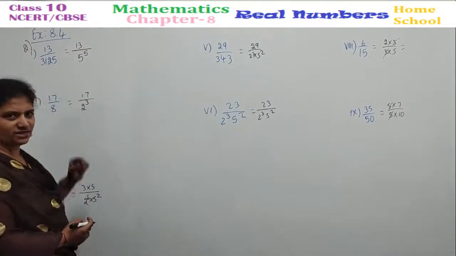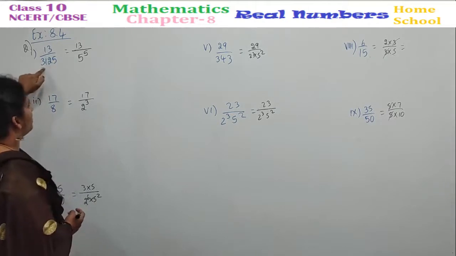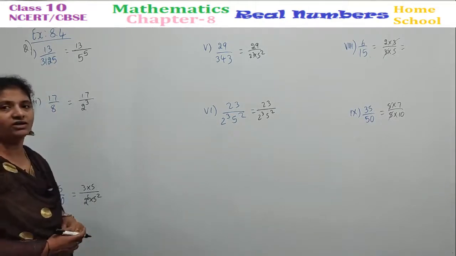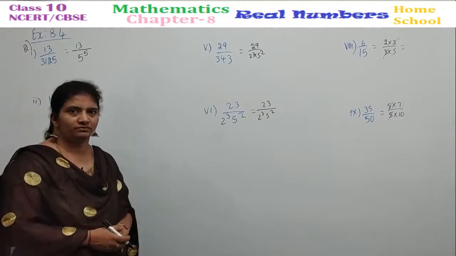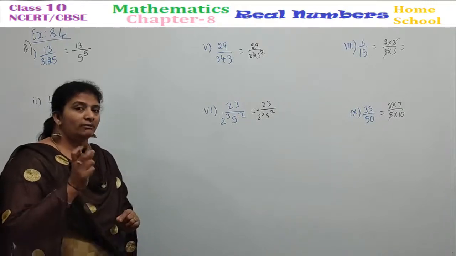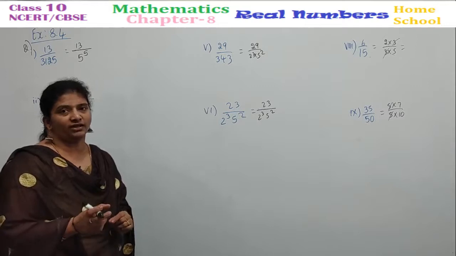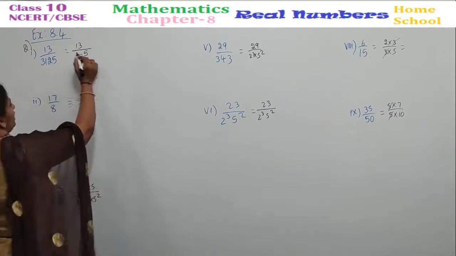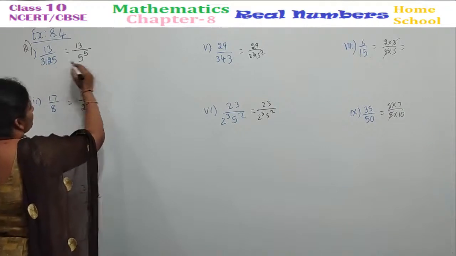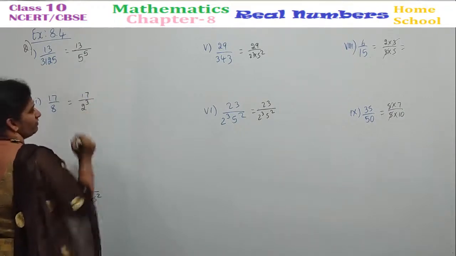So look here, how to convert. It's very easy. See the first problem, 13 by 3125. Convert the denominator into 10 power, right? If you are able to convert the denominator into 10 power, then it is very easy to convert into decimal. Look here carefully. You have 3125 means 5 power 5.